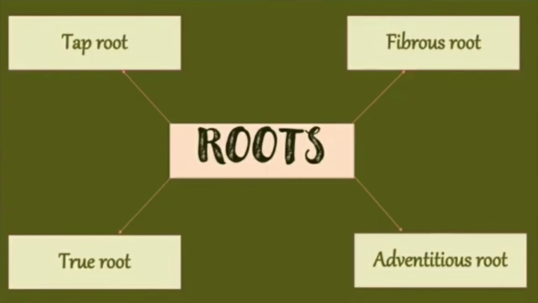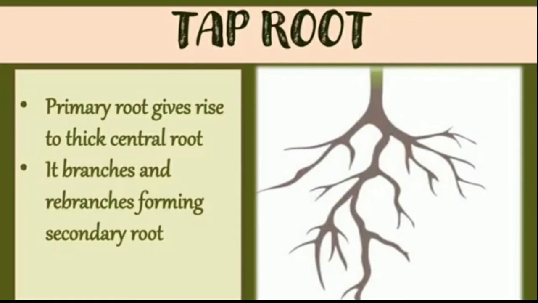Roots are of different types, like taproot, fibrous root, adventitious root and true root. Let us study what a taproot is. Primary roots give rise to a thick central root.